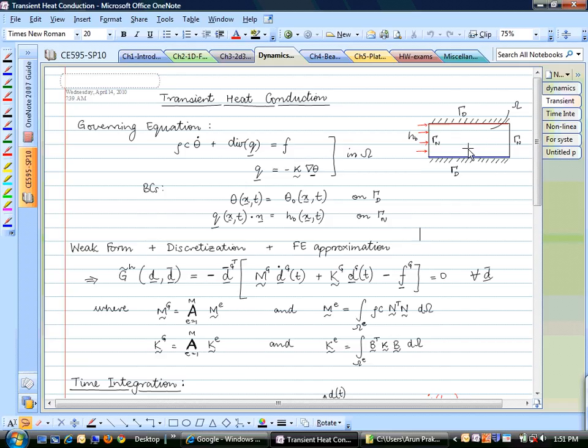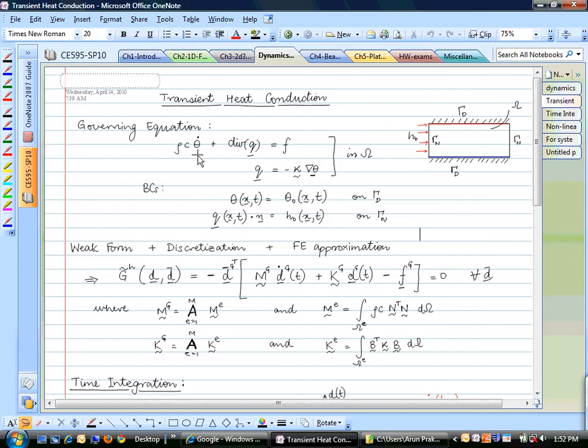So the idea is that you have a plate with some temperature and some heat source that is being applied to this plate. The temperature isn't going to go to its final state right away. It is going to take some time, and then it will reach a steady state. The time that it takes to reach the steady state, in that time, the solution is called transient. So that's why we have this transient heat conduction.